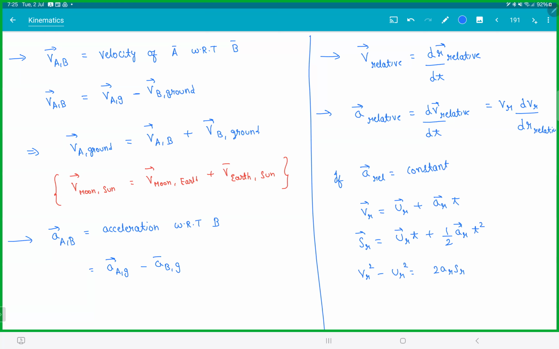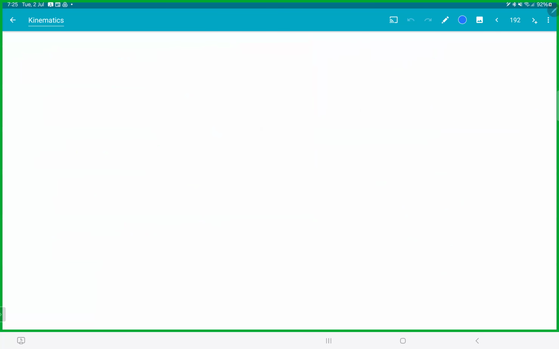Next thing, the steps to follow while solving relative motion.